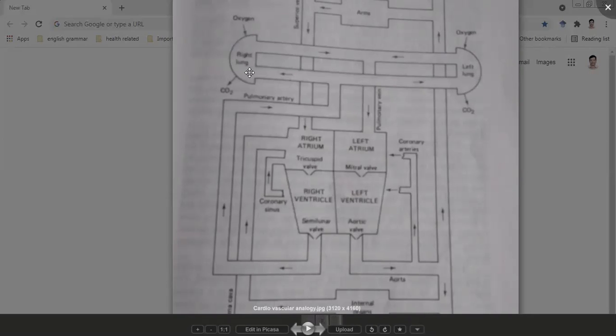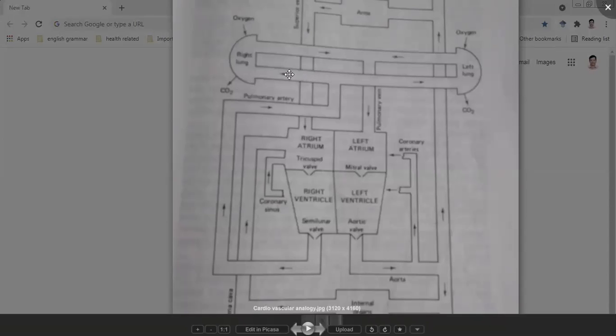So here there is a mechanism. The lungs receive oxygen and release carbon dioxide. While inhaling, the lungs receive oxygen, and while exhaling they release carbon dioxide. In between there is a capillary network.